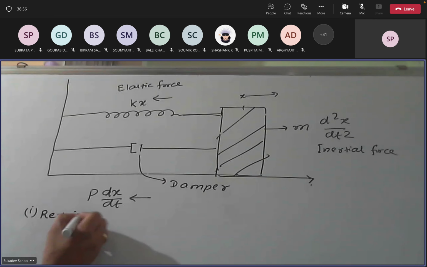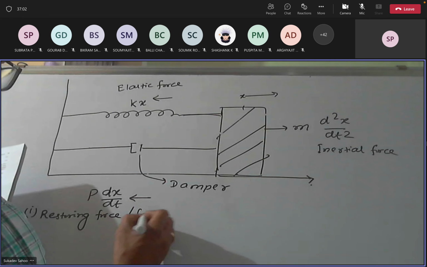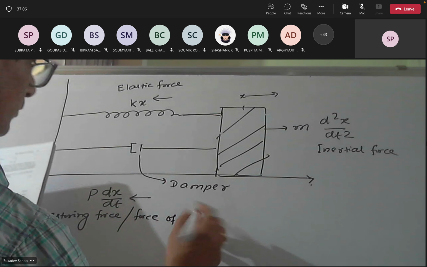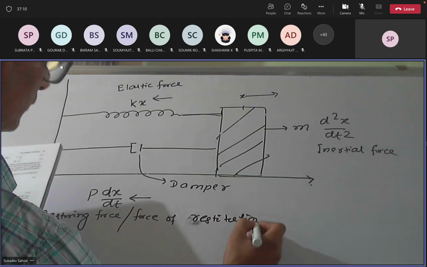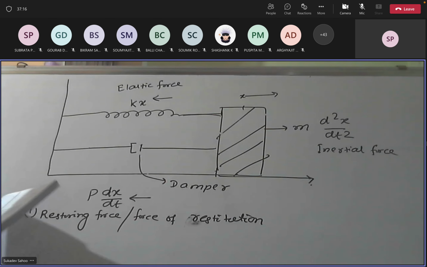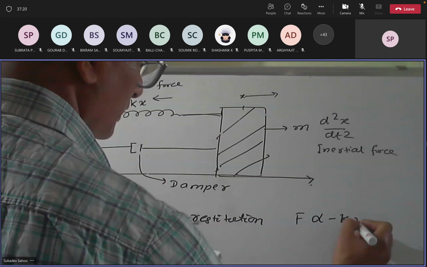What are the different forces acting upon the system? That is the restoring force, or in some books it is written as the force of restitution, which is proportional to x. I think all of you know, we can write here F is directly proportional to minus kx.